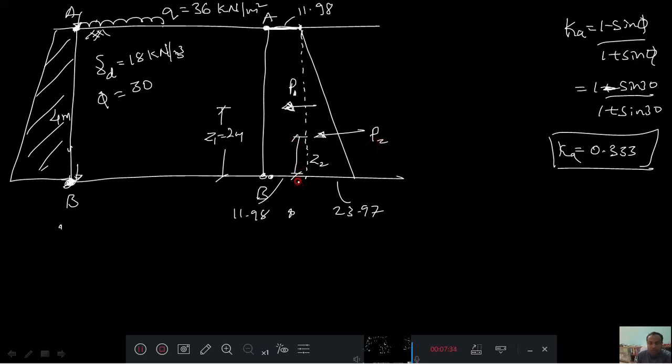Now I will calculate P1 and P2. P1 is the rectangle area, therefore 11.98 into 4, that is 47.92, acting at a distance Z1 equal to 2 meter.